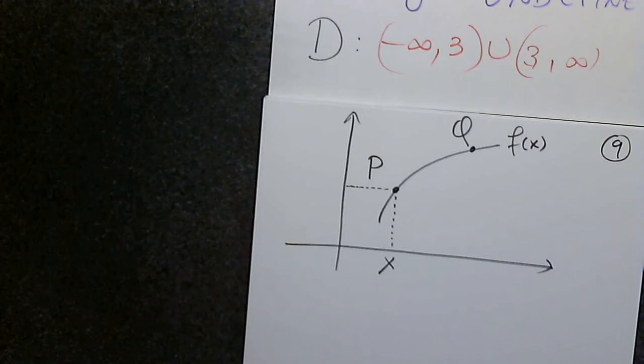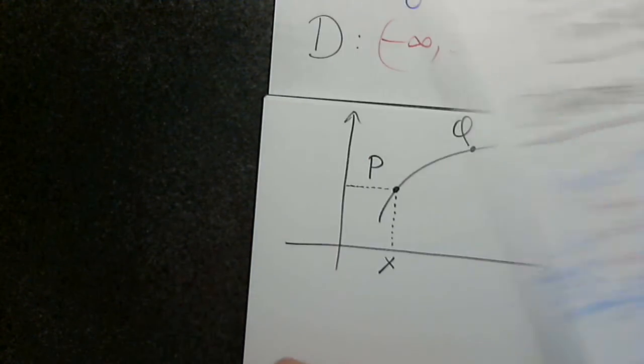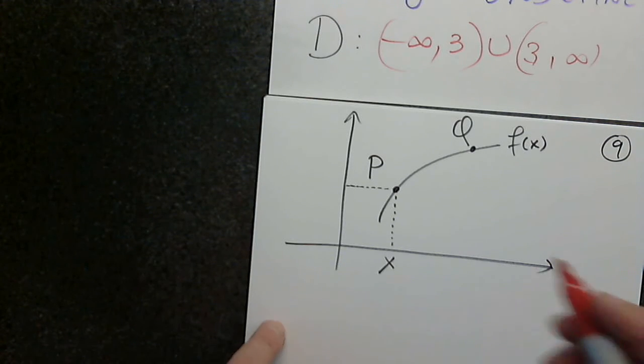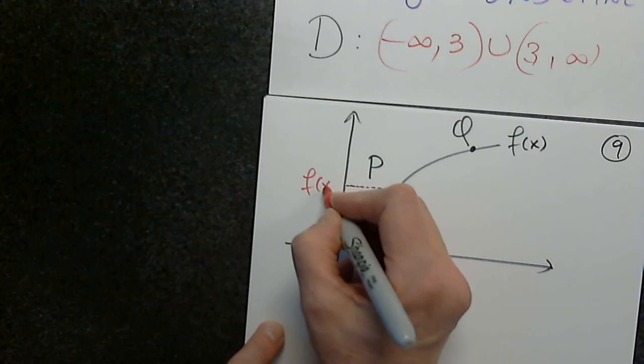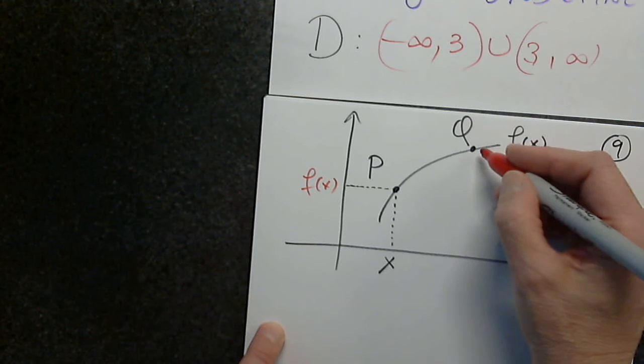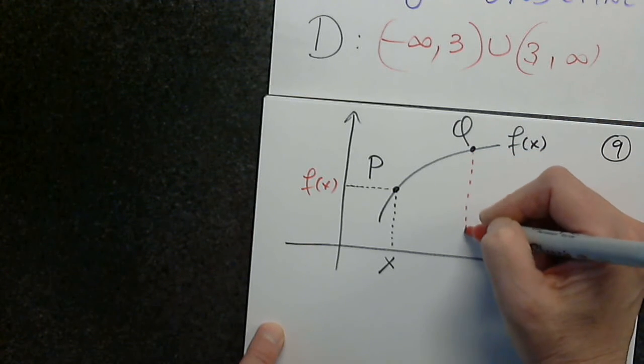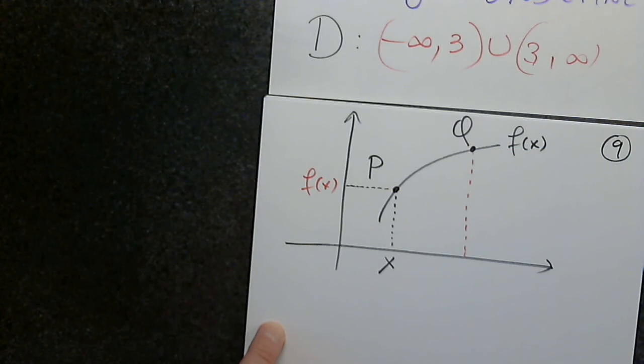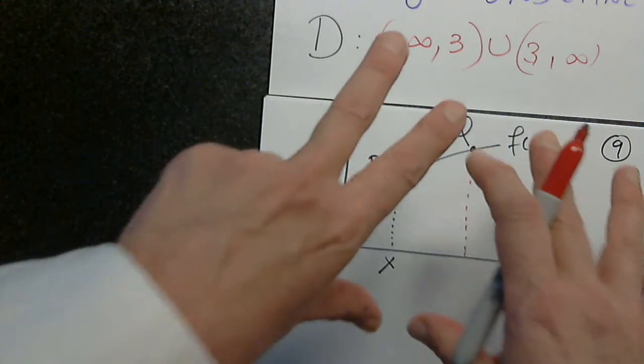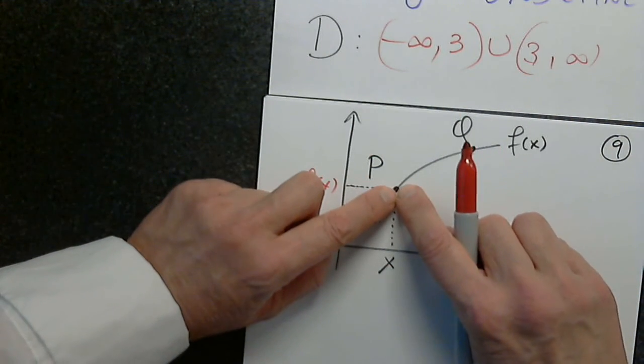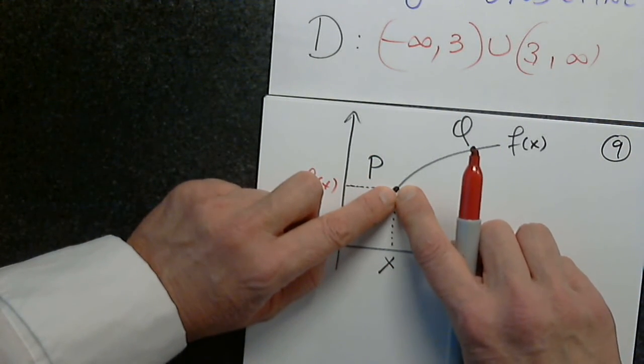Exactly. We wrote it a couple of minutes ago. Let me go back. Thank you. Not P, but f of x. Perfect. Okay, so no trick question. So I am going to tell you that I zoomed in. Q and P are very close to each other. Very close.